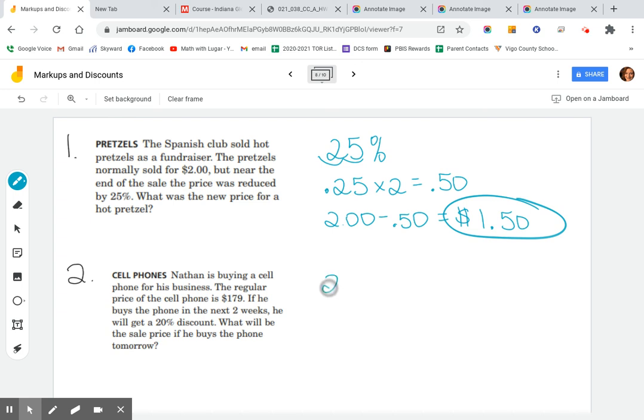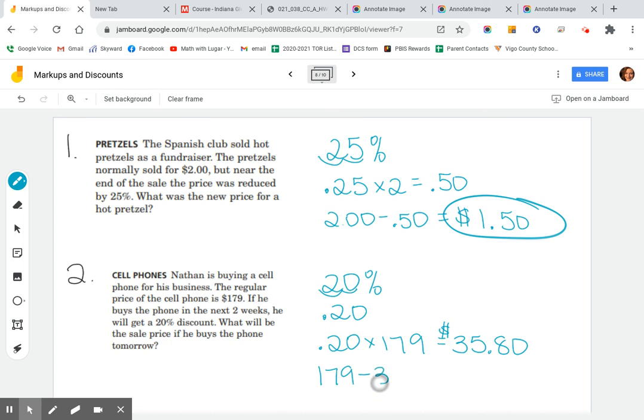I'm going to take the 20%, scoot, and make that 0.20, or 0.2 is the same if you just want to put 0.2. I'm going to take that times the original price of $179. 0.2 times 179 gives me 35.8. That means $35.80. So I go back to the original 179.